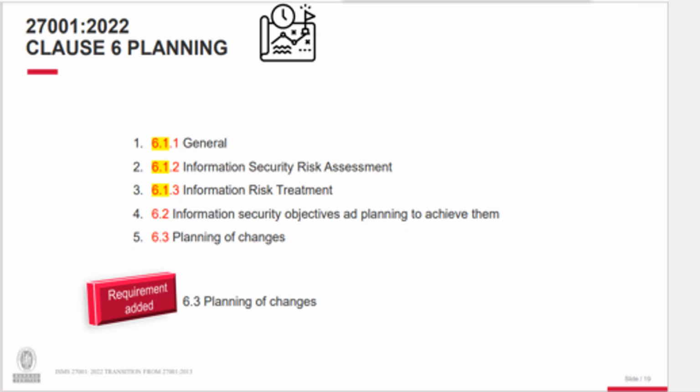So here, as I can see, this is the agenda for today's discussion. We will mainly focus on 6.1.2 and 6.1.3, information security risk assessment.